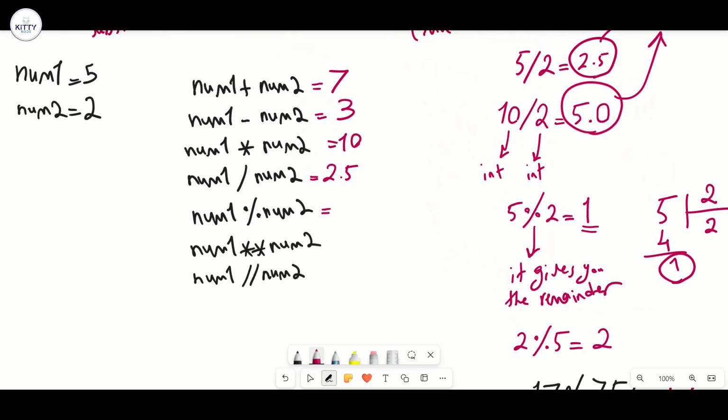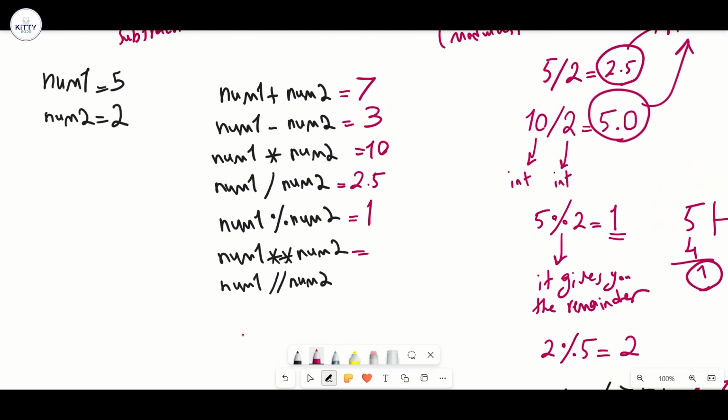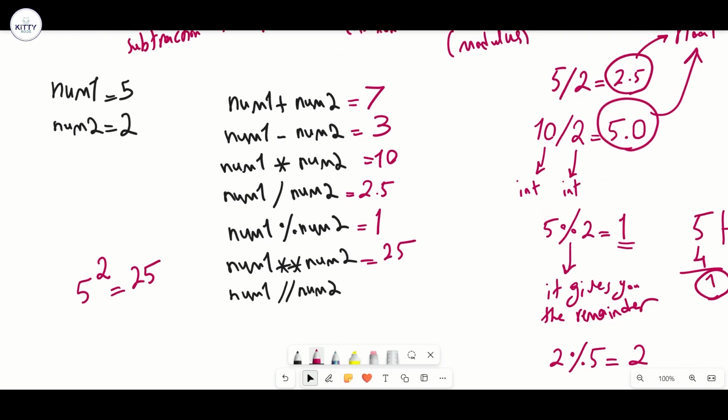So here, 5 mod 2, the answer is 1. So we have 5 exponentiation operator 2. So 5 to the power 2. So the answer is 25, right? So you just write 25.